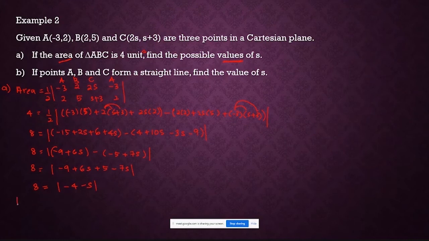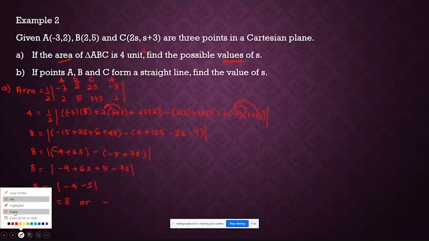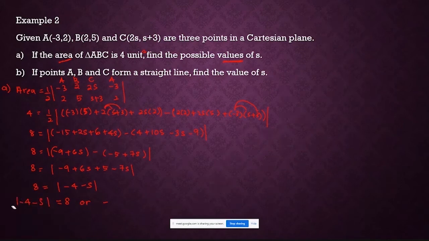Inside the bracket, negative 4 minus s can be equal to 8, or negative 4 minus s equal to negative 8.